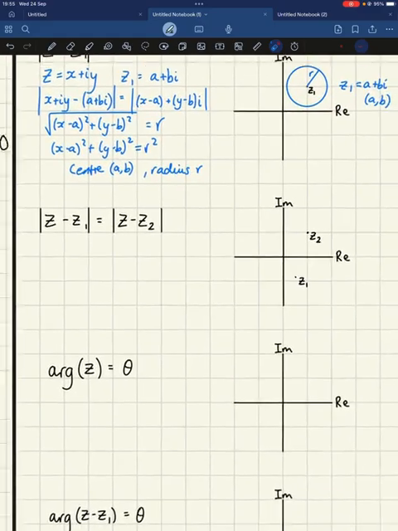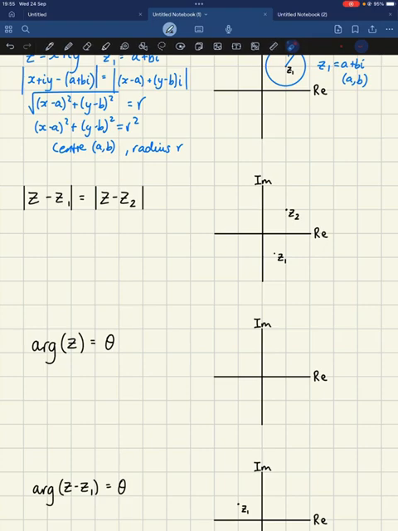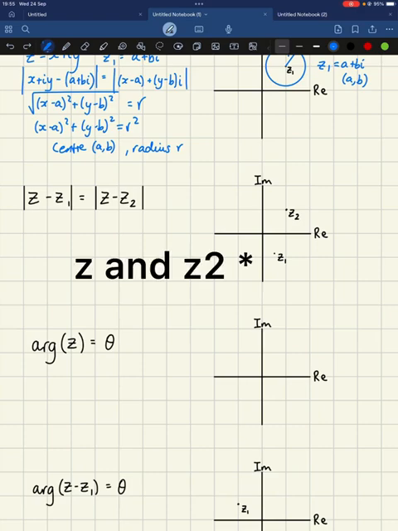Okay, but now what if we have this? What if we have the same modulus, but instead of it being equal to a constant, it's equal to another modulus? What does this mean? Well, like we said earlier, z minus z1 is just the distance between z and z1. And similarly, z minus z2 is the distance between z and z2.